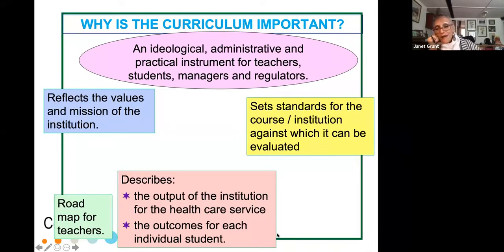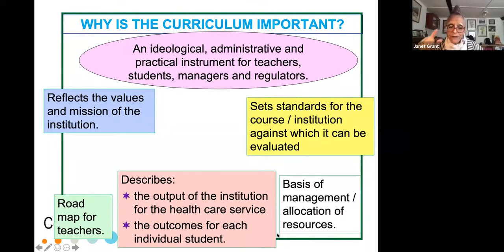It should be some kind of a roadmap for teachers. I need to do this and this and this and this. I've got these decisions here and here. So it has to be that kind of information. It should be the basis of management and of resource allocation. Curriculum management is really a huge issue which people, as I've said before, don't think about properly.